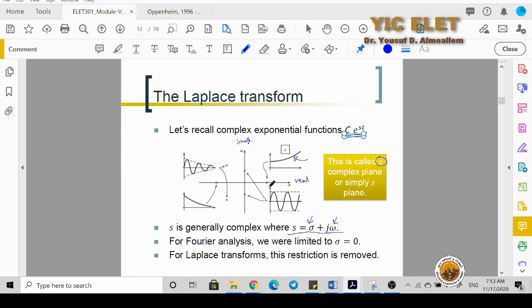And if we have a negative real part and a positive imaginary part, the exponential will look like this plot here. And if both were negative, then we will get this decaying function.